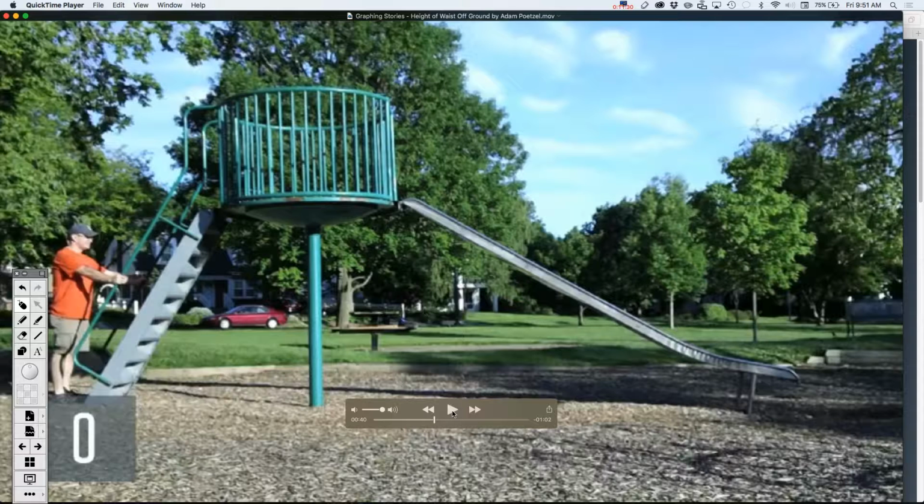If he is, I guess, 6 feet tall, what do you think his height is for his waist? Around what? 3 feet, so it's about midpoint.